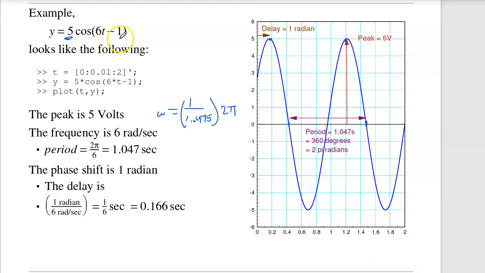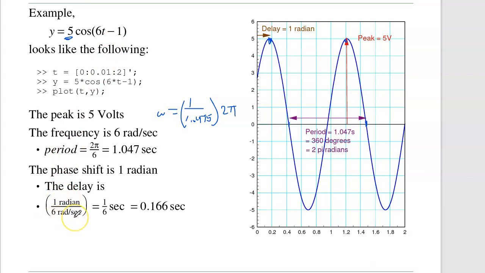And the constant is the delay. A cosine is a peak at t equals 0. This is delayed by 1 radian. And I can see that on the graph. This is 1 cycle, 360 degrees. 1 cycle is 1.047 seconds. The delay is about 0.166 seconds. So the phase shift, the delay is 1 radian.